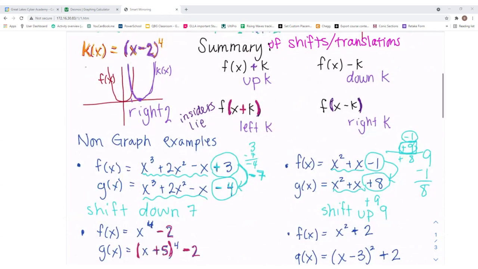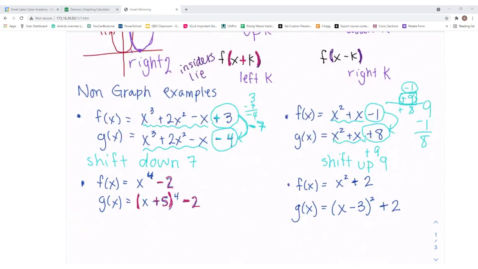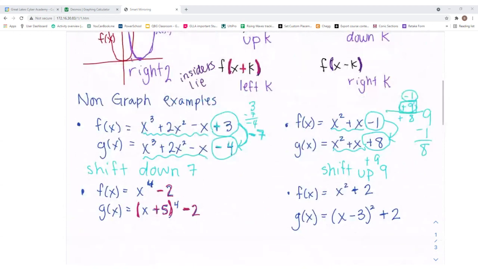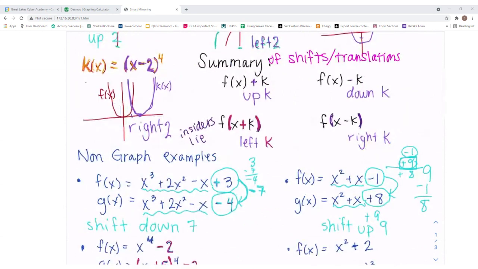So what would this one do? What would this x plus 5 do? So right here I put left k because that was the number. Right here we had this plus 2, meant it went left 2.